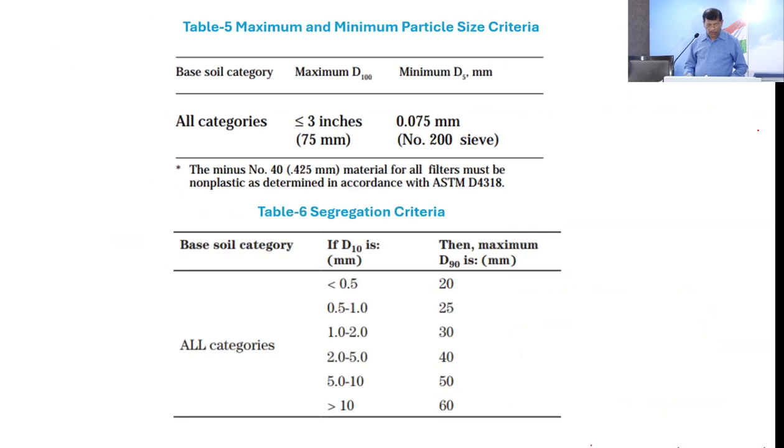Then we also look into the segregation criteria. So there should not be anything in the filter above 3 inches. That's the limit. That's why D100 should not be more than 3 inches.